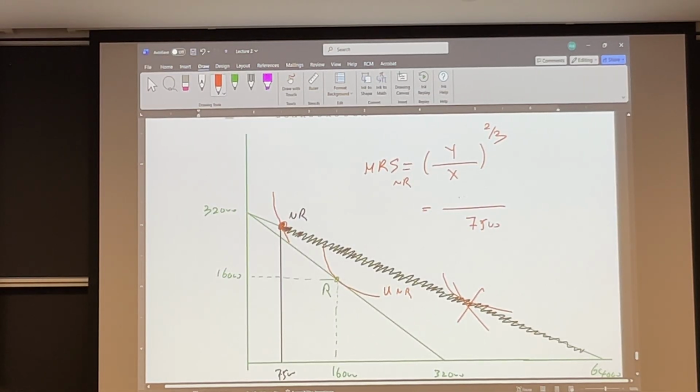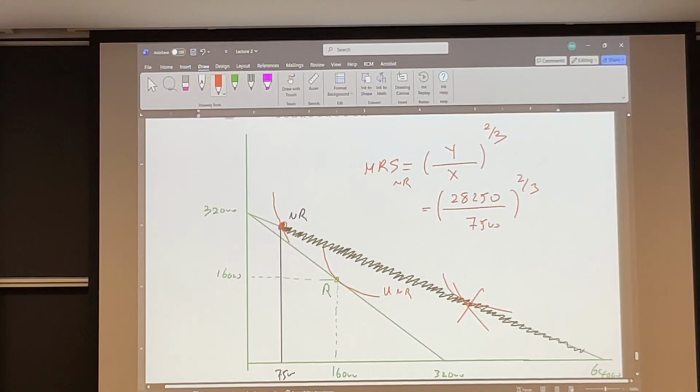What was Y at the optimal scenario? 28,250? Was it? Well, yeah. What did you get there? How much did you get? That's Y, that's X, that's the MRS. At this point, how much is it? Not a small number. Much, much bigger than the slope of the budget line.